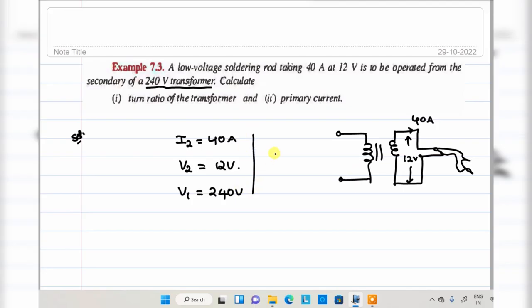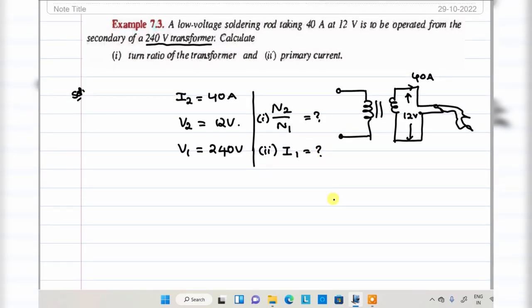So calculate the turns ratio. Turns ratio is nothing but N2 by N1. That is the turns ratio. You need to find out the turns ratio, and second, the primary current, that means the I1 value. These are the things you need to find.